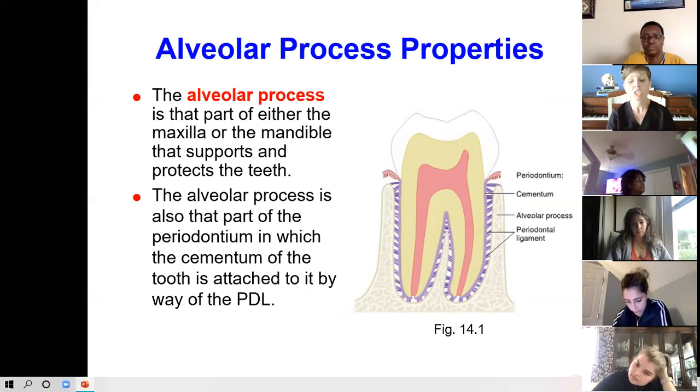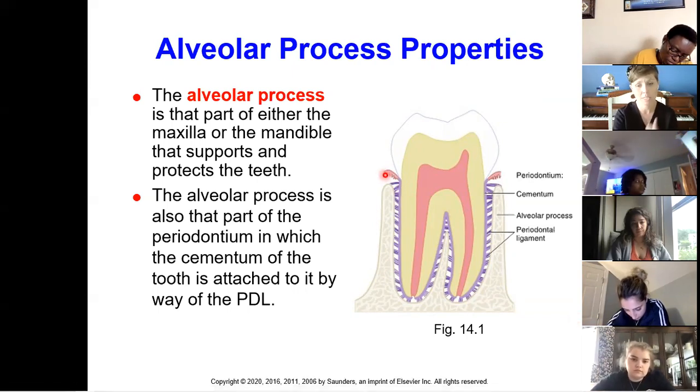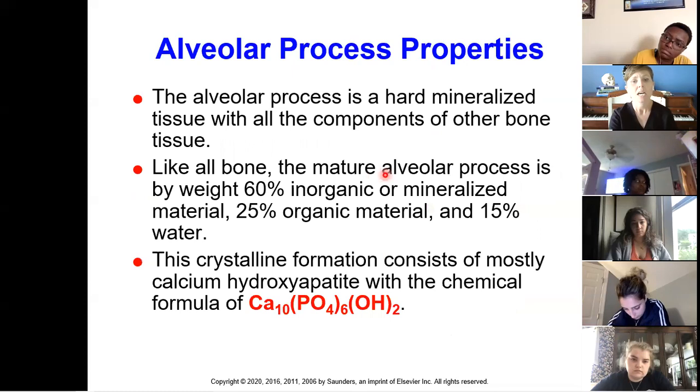The term alveolar process will be used mostly since it has a clinical connotation, whereas the other term that could be used, alveolar bone, is more of a histological term. So we'll call this the alveolar process. It is a hard mineralized tissue that has all the components of other bone.